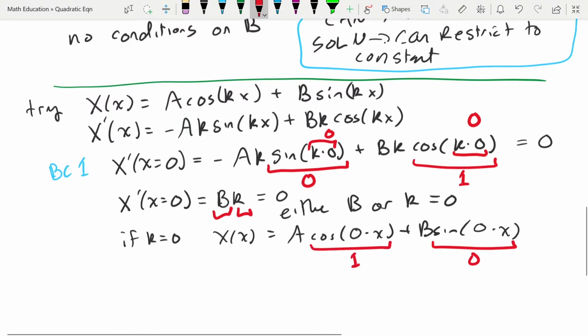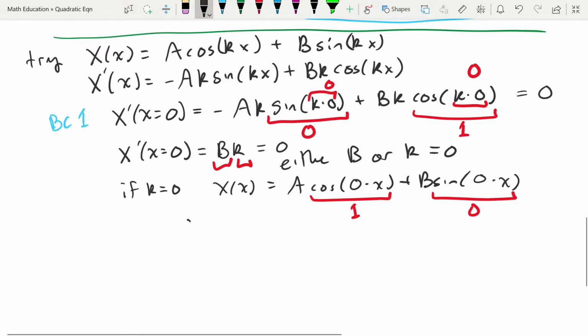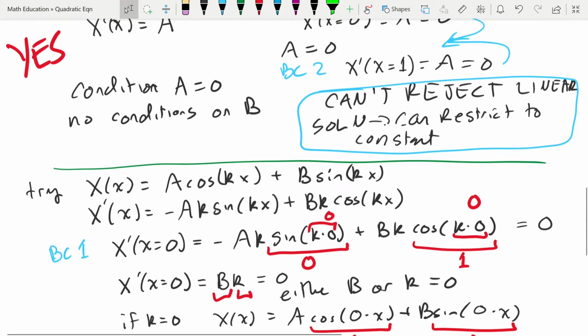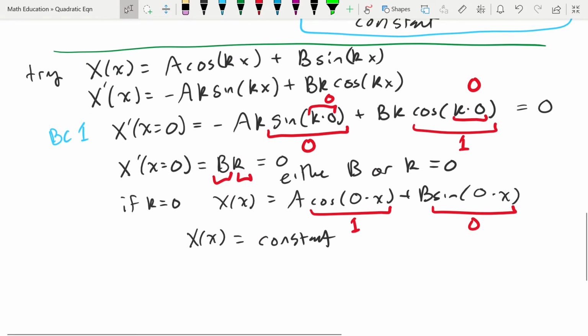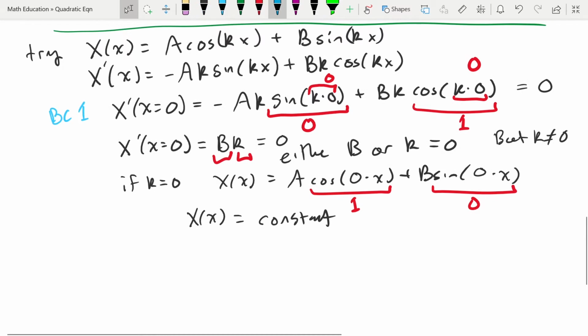This would be 1. So if k is equal to 0, x of x is just a constant. And we know that that's an okay solution from up here, but we also know for this particular case, k is not equal to 0. So since k is not equal to 0, we know that b is equal to 0.